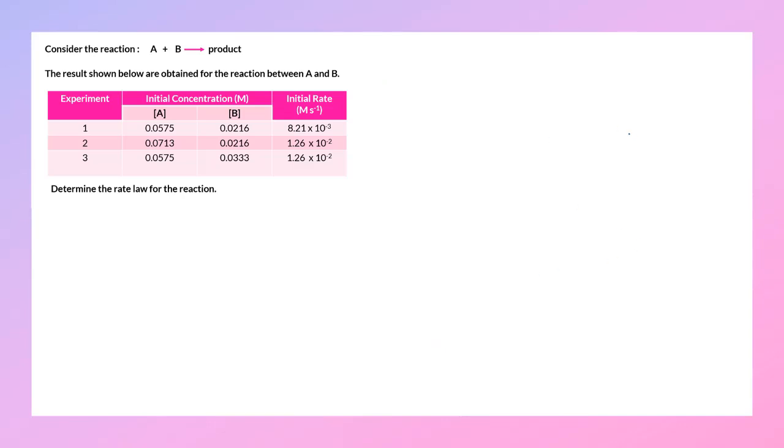What you are going to do is, firstly, write the general rate law for this reaction, with unknown values of order for each reactant.